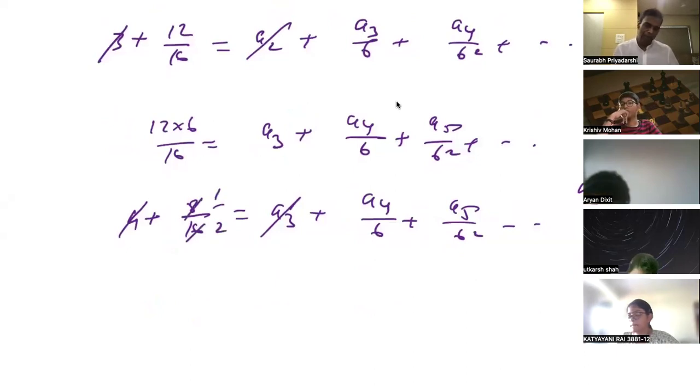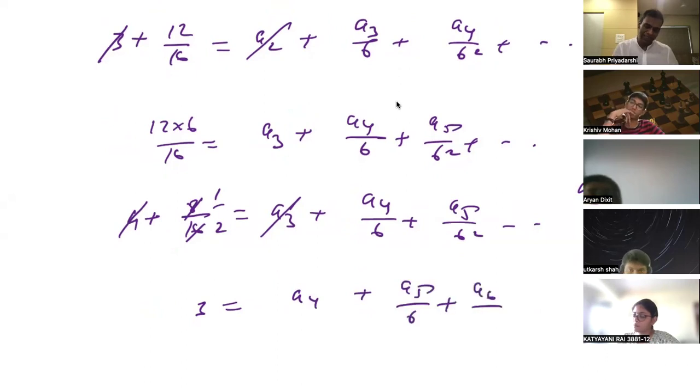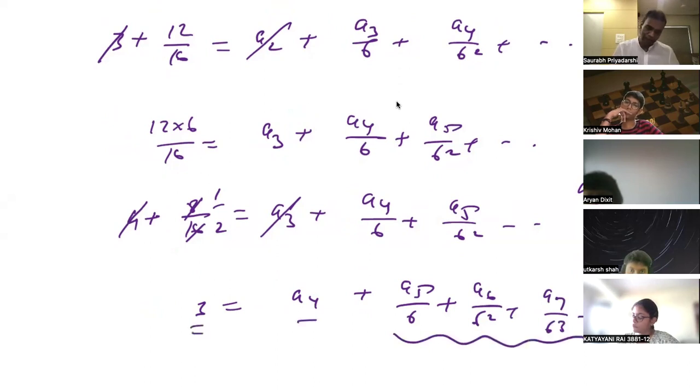Again multiplying with 6, this is 3 equal to A4 plus A5 by 6 plus A6 by 6 square, A7 by 6 cube. All these numbers are fractions, but this is coming as an integer. So A4 is equal to 3 and the rest of the numbers will be 0.